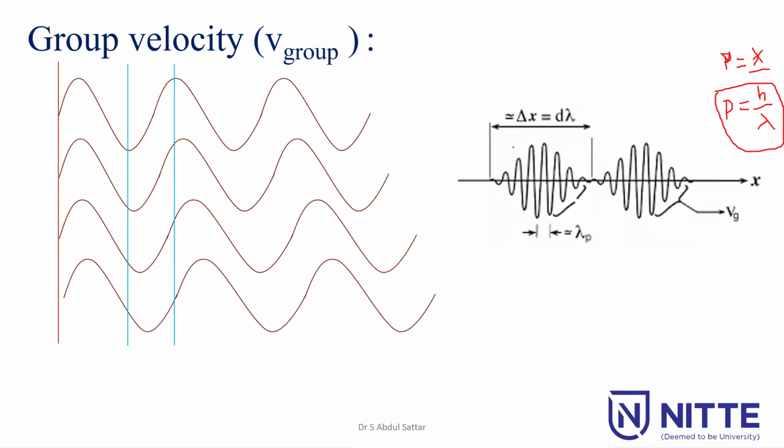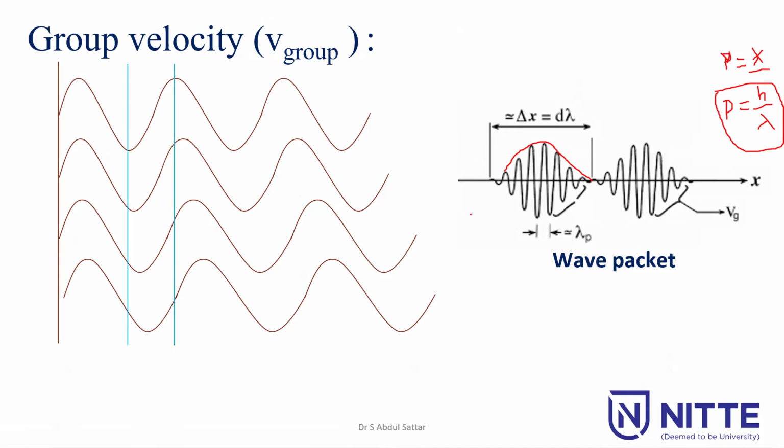The uncertainty in the position of this particle is around delta x. In this wave packet, the amplitude variation changes from position to position. That means the amplitude variation transmits along this wave packet. The velocity with which the amplitude variation transmits along the wave packet is called group velocity.